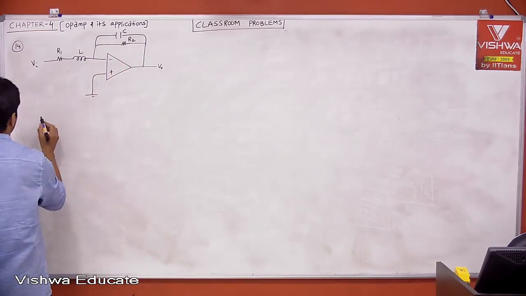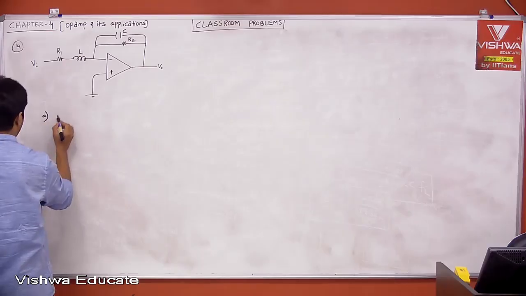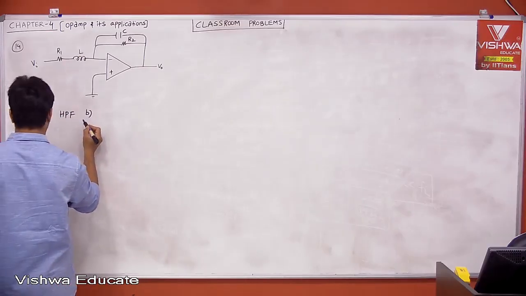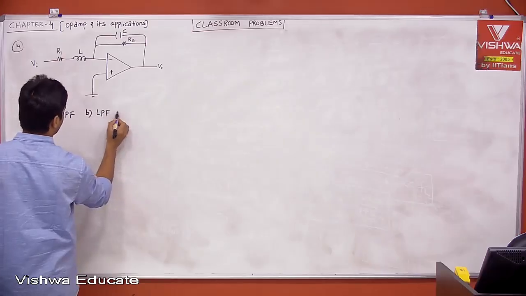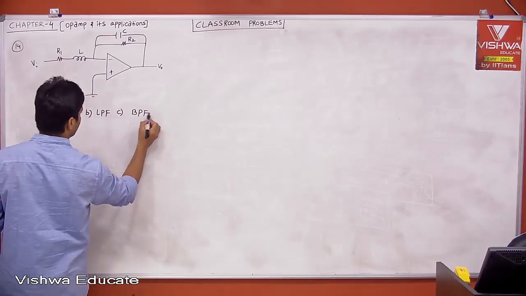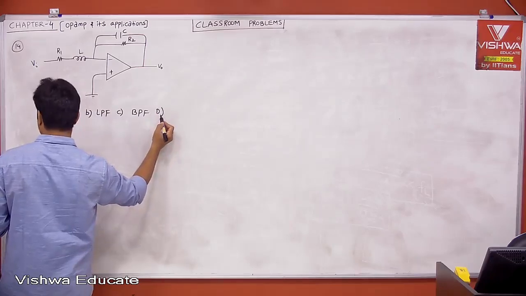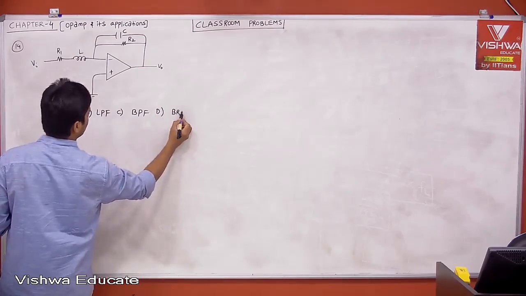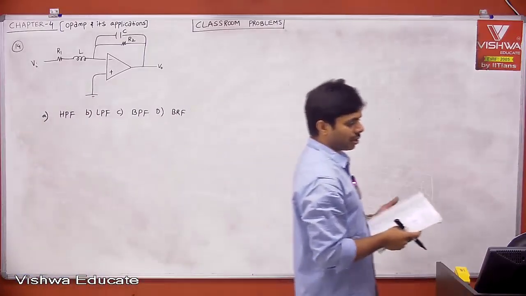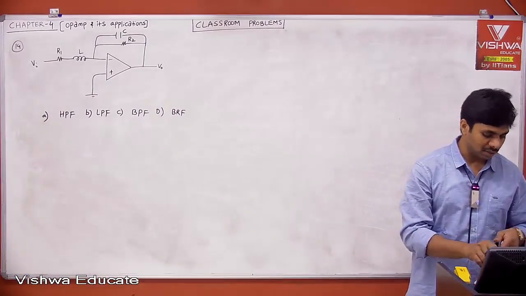Right? Option A high pass filter, option B low pass filter, option C band pass filter, option D band reject filter. You can have an all pass filter also, which we had seen before, and we had seen a high pass filter also. Let's see what this is.